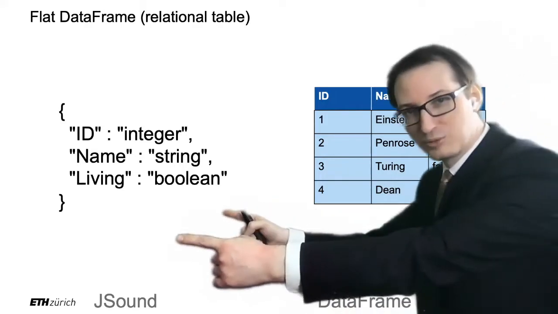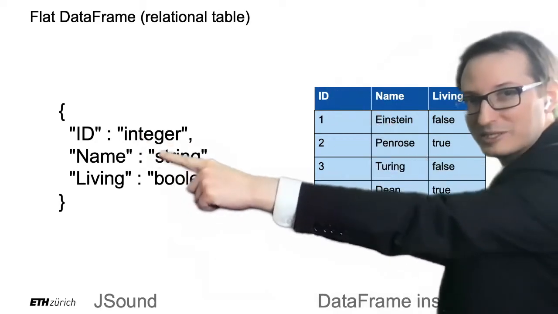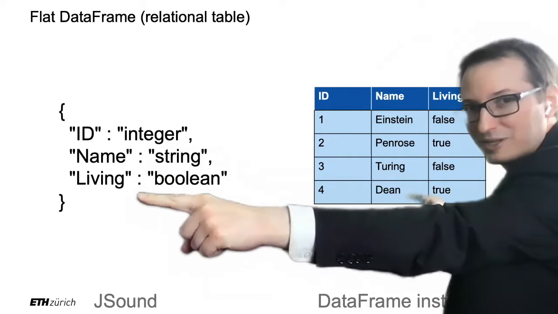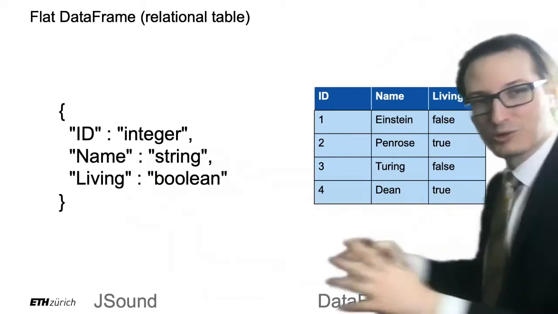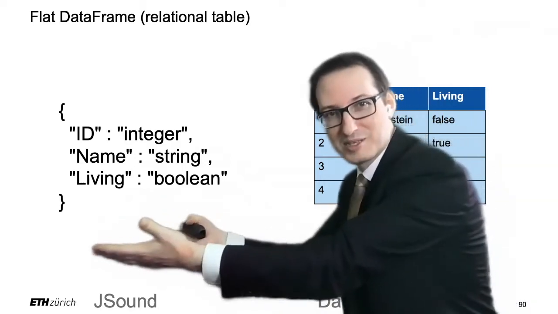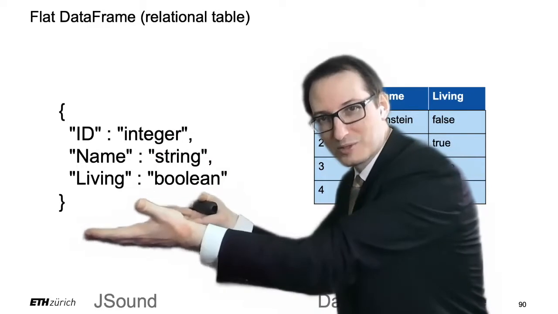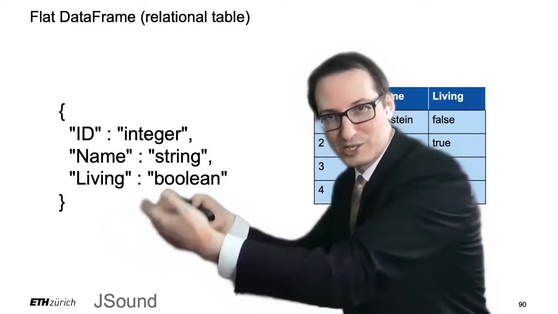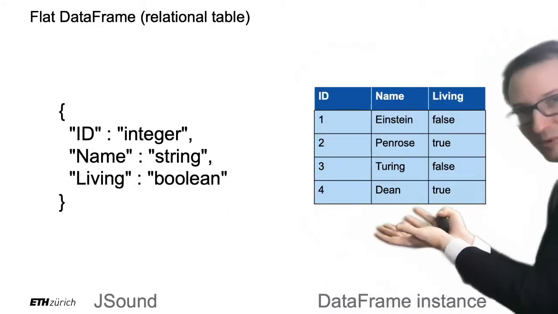And the schema that you would have associated with that is an ID that is an integer, a name that is a string, a living column that is a Boolean, true and false, right? So I hope you agree now that this JSON schema, so you see it's very natural to express, if you apply it to a collection of 4 JSON objects, gives you visually that table, right?